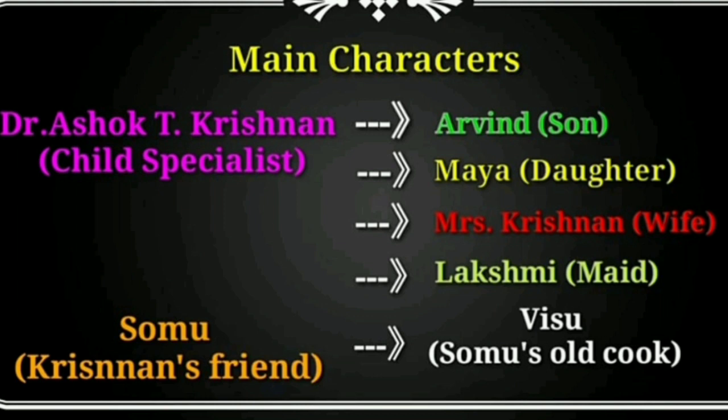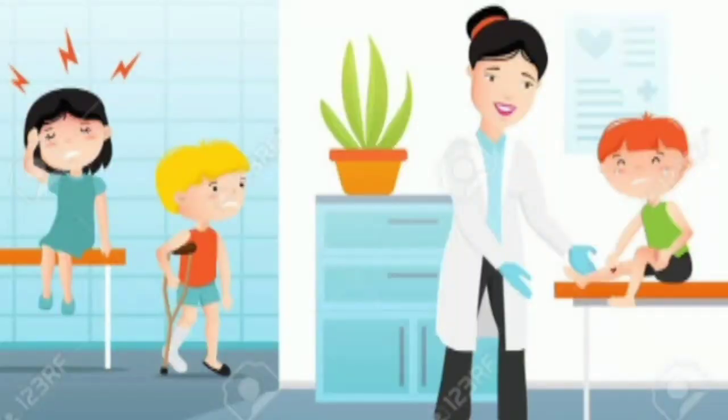Child specialist means the clinic will usually be busy with a lot of children. If children arrive in a hospital, will they happily move around here and there? No, they will be crying, shouting.